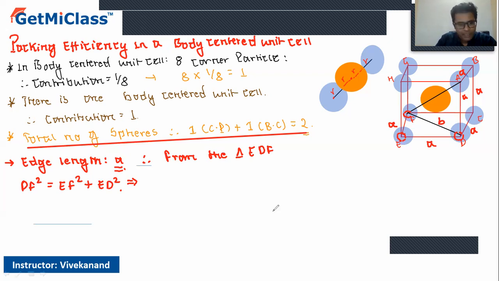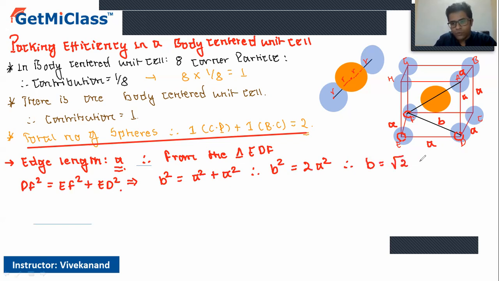Therefore b square is equal to a square plus a square, and therefore b square is nothing more than 2 times a square, and therefore b is equal to root 2 into a. I would say this is the important point because we are going to use this further also.